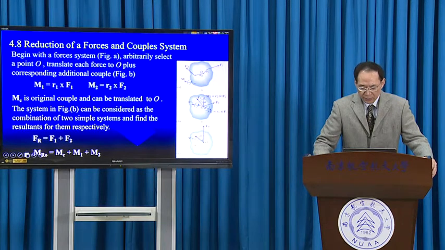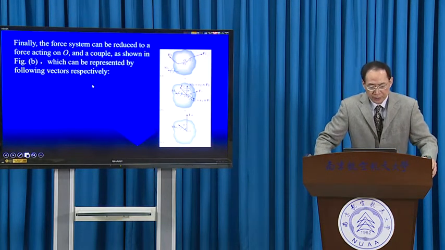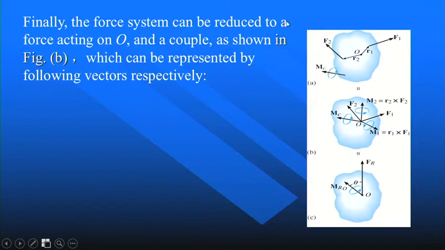So finally, the force system can be reduced to a force acting at O and a couple, as shown in figure B, which can be represented by the following vectors respectively.